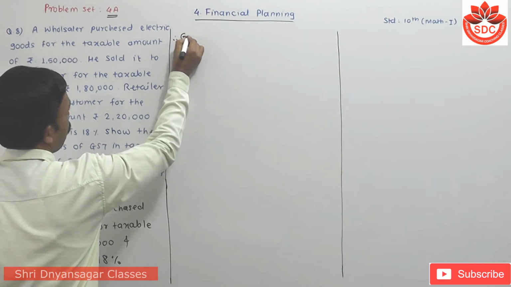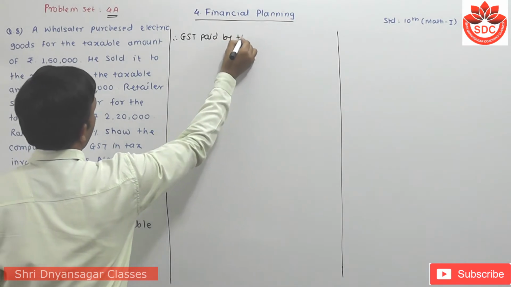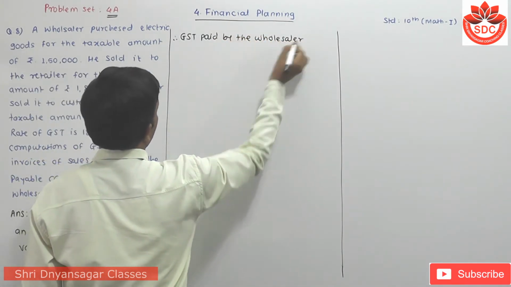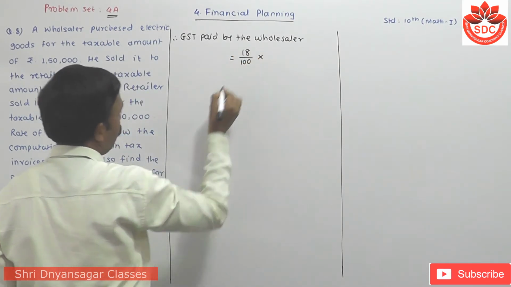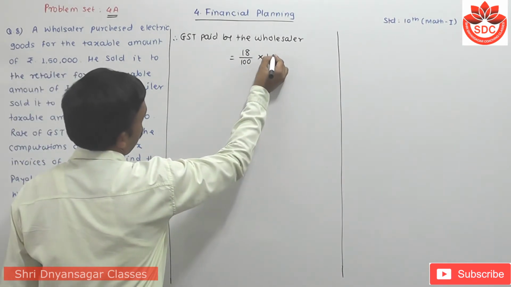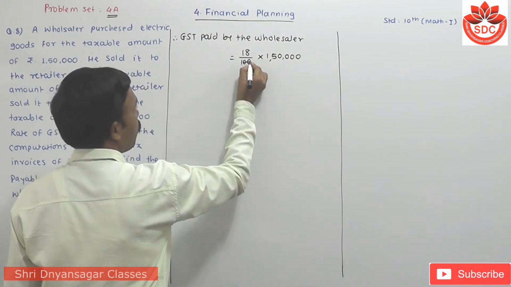Therefore, GST paid by the wholesaler is equal to 18 upon 100 into this amount, 1,50,000. Now we have to simplify it.